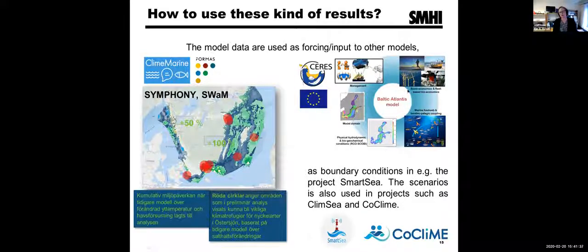And then we have CIRRUS, a Horizon 2020 project, where we have delivered these data into another model, and we're doing this together with DTU Aqua, looking at different species and how they're reacting to these climate changes. And then we also provide boundary conditions to, for example, Smart Sea, Clean Sea and Co-Climb. So thank you.